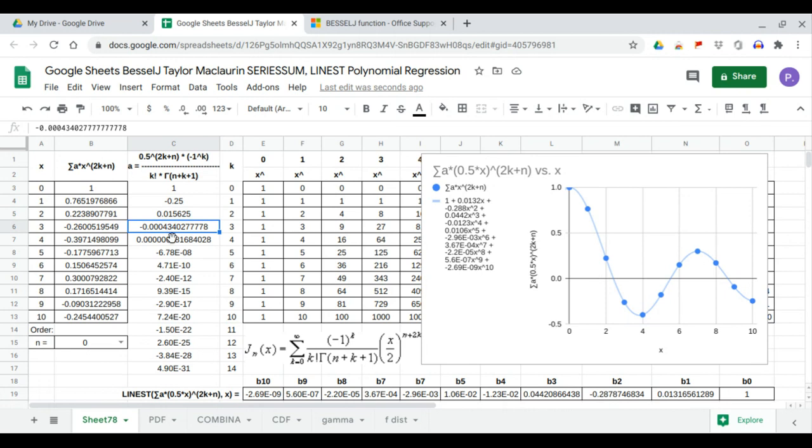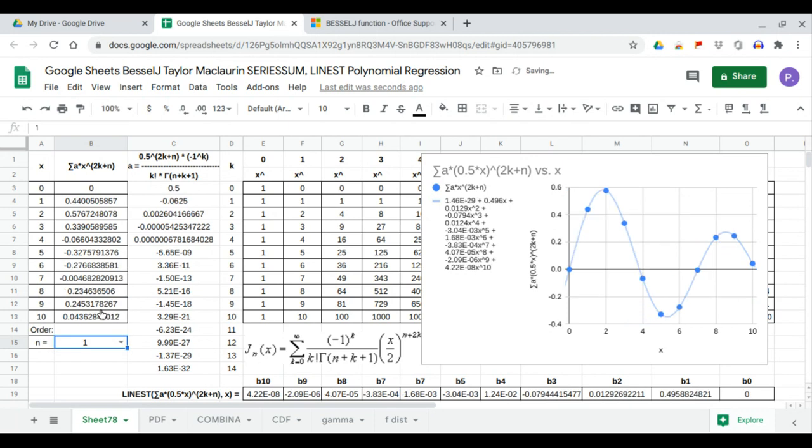And then this is 0.04, so they don't match. We try the second degree, the first degree. Our expansion coefficients don't match our regression coefficients. But our trend line can be generated using the LINEST polynomial regression.